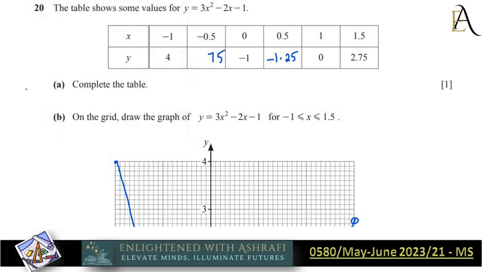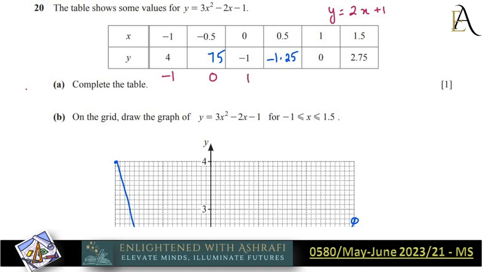So we have the line as y equals 2x plus 1. When x is minus 1, minus 1 into 2 is minus 2, minus 2 plus 1 is minus 1.